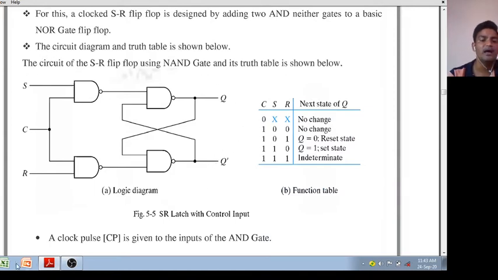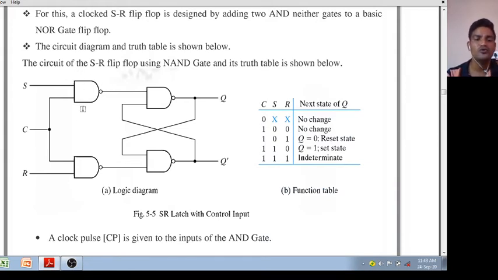J Qn bar, and R equal to K Qn. Give one input K and another input of AND gate will be Q. Okay, and there is a two input AND gate and then a two input NAND gate.